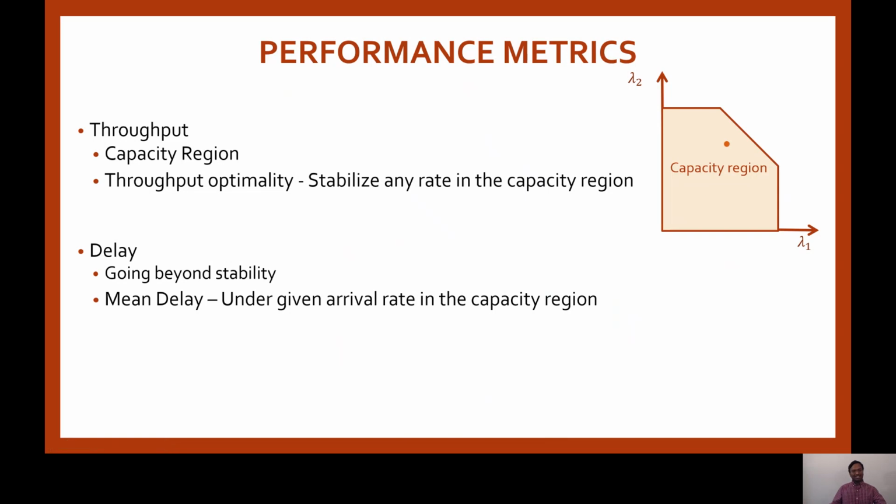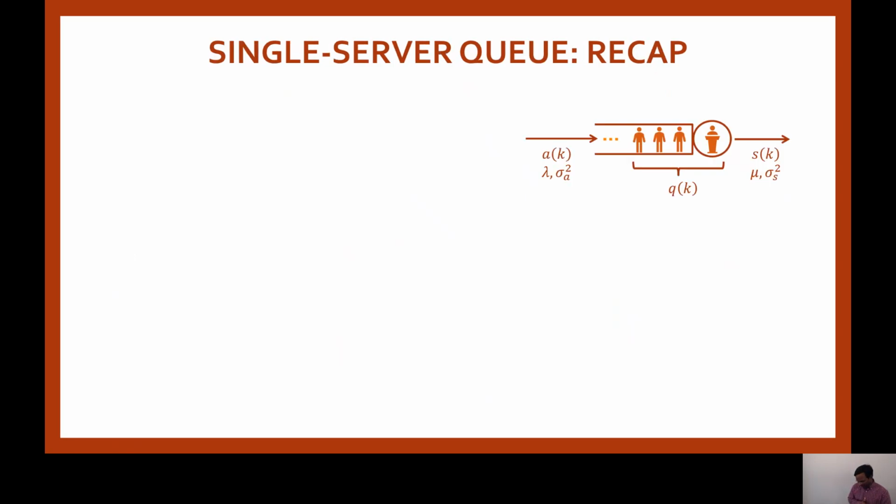Or for a given policy, can we get a handle on how the delay behaves? And one could study things like mean delay, or we could be interested in the tails like the 99th percentile or the entire distribution. And studying delays is kind of the same as studying queue lengths, especially for the mean, they're related by Little's law. So these are two quantities that we'll study.